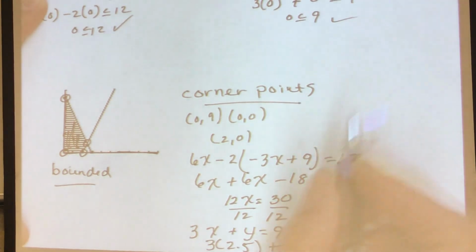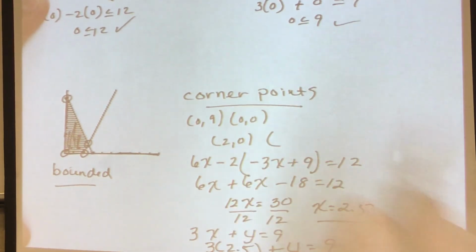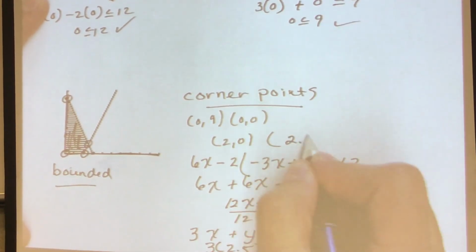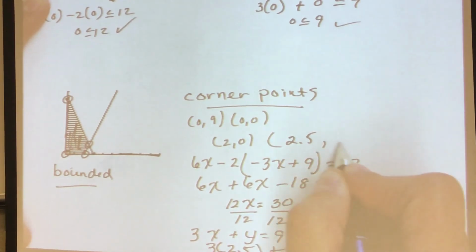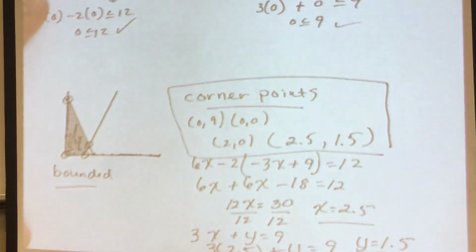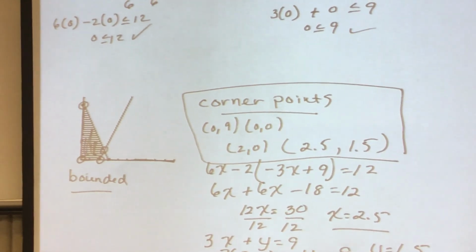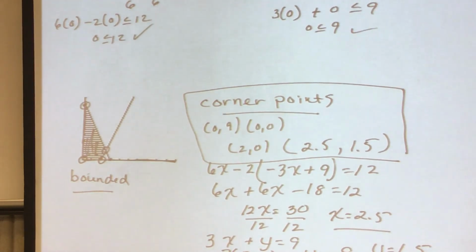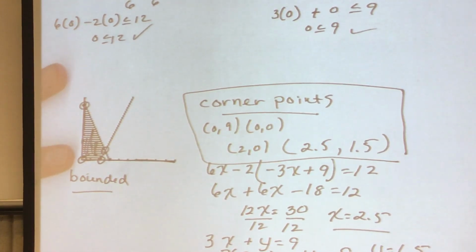And that is my other corner point. So x is 2.5 and y is 1.5. And these are my 4 corner points. And this completes the first part of section 3.1 and 3.2.